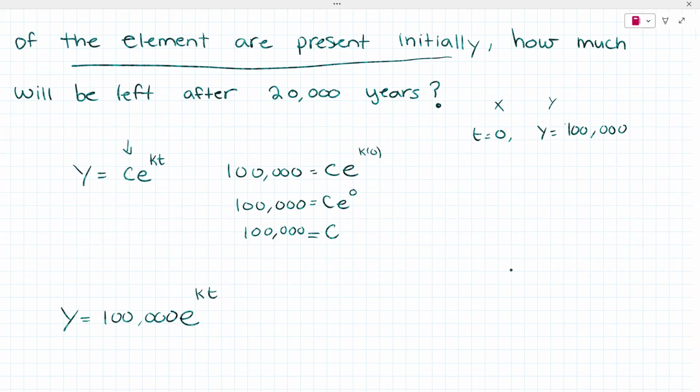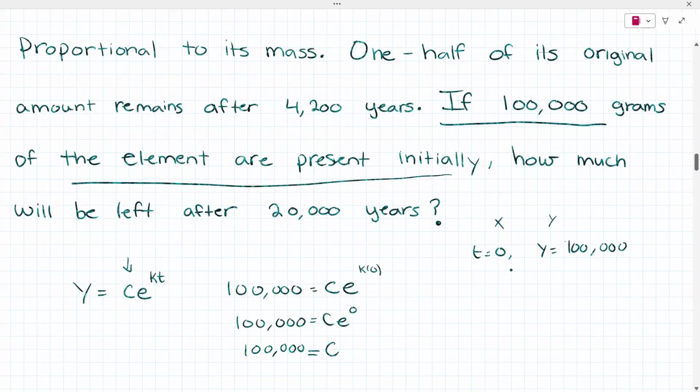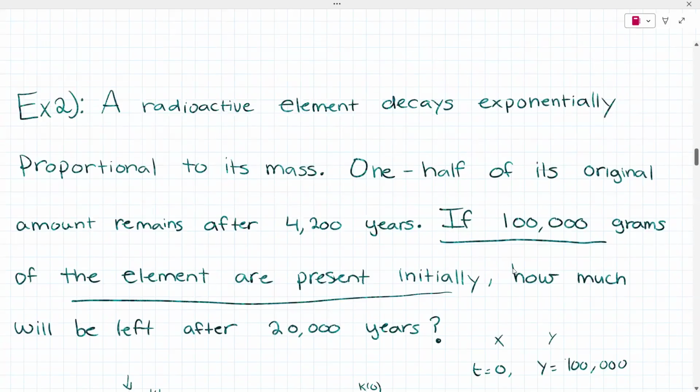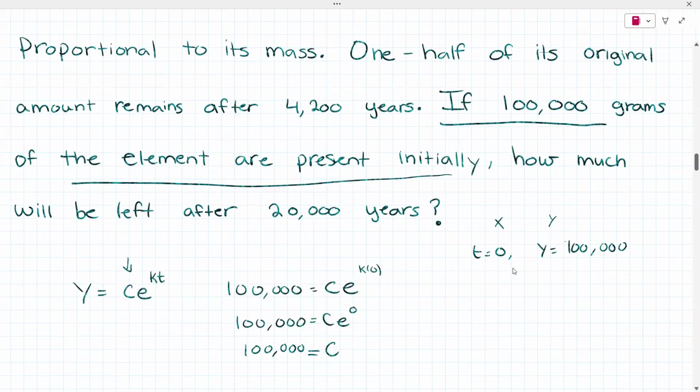And then what else are our other values? So what are we trying to find? How much will be left after 20,000 years?